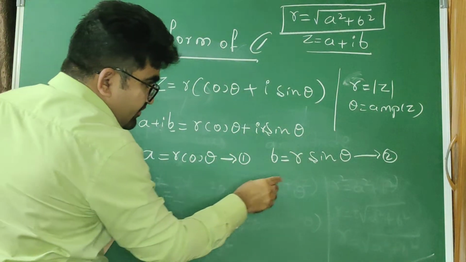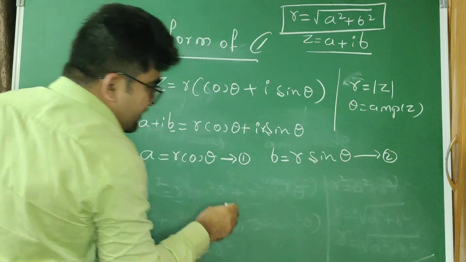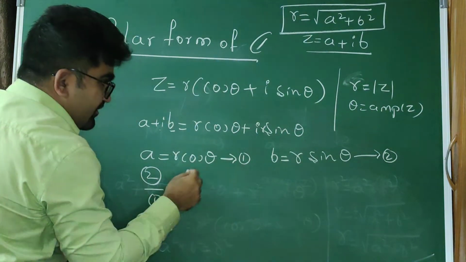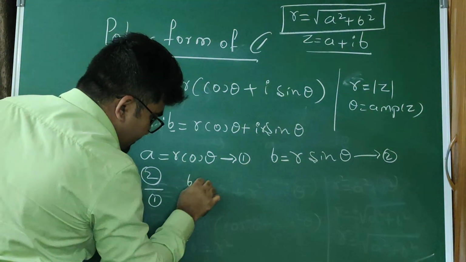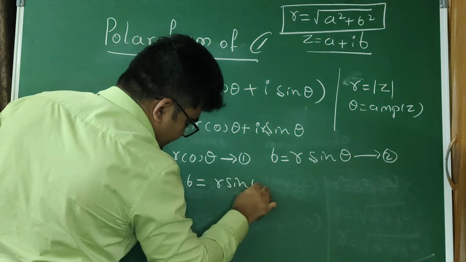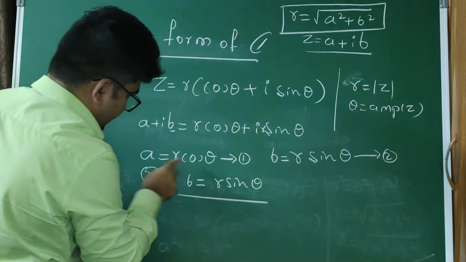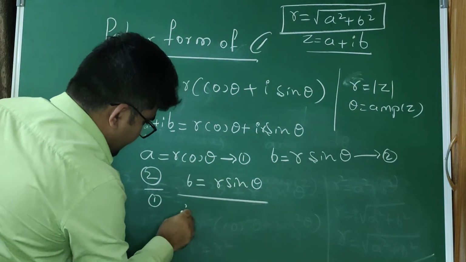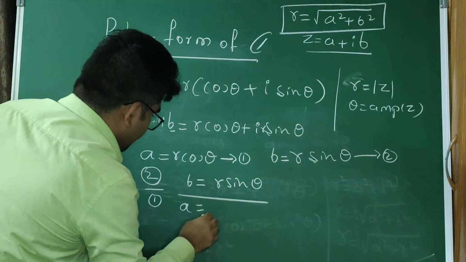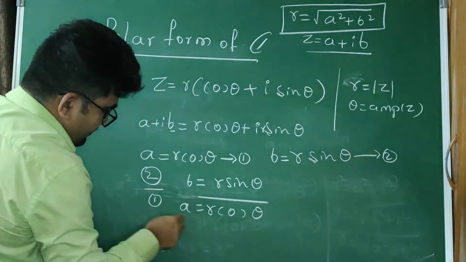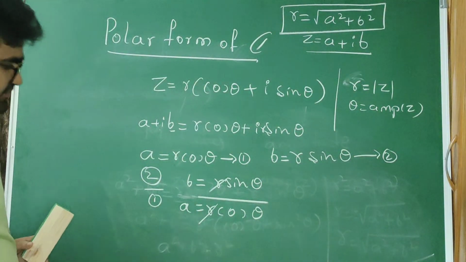To get theta, we will take equation 2 divided by equation 1. What we will get here is b, which is equation 2, b is equal to r into sin theta, whole divided by equation 1, that is a, which is equal to r into cos theta. Now r gets cancelled.